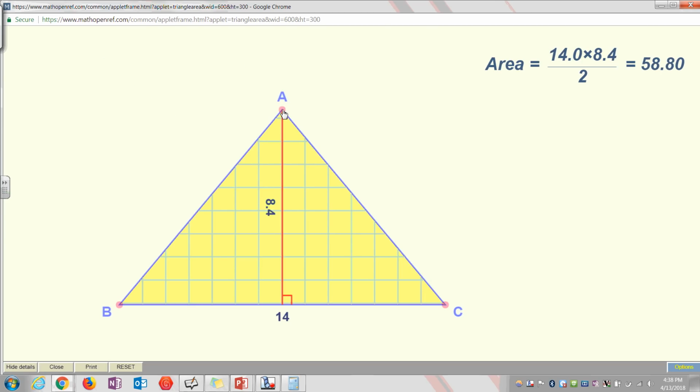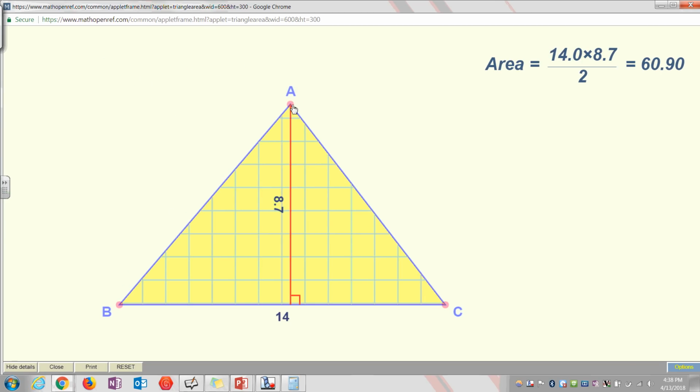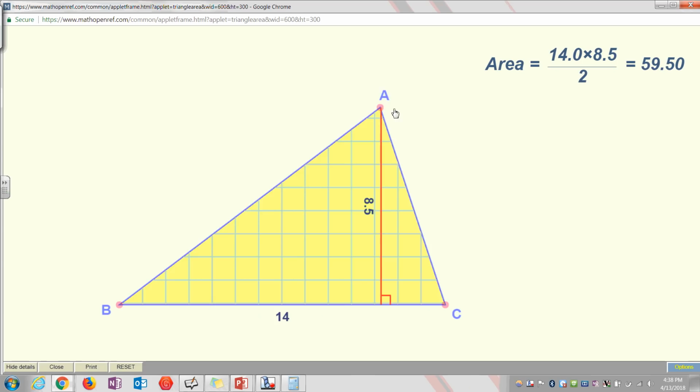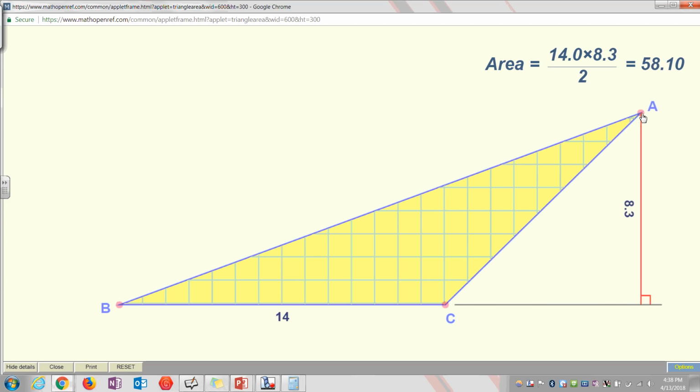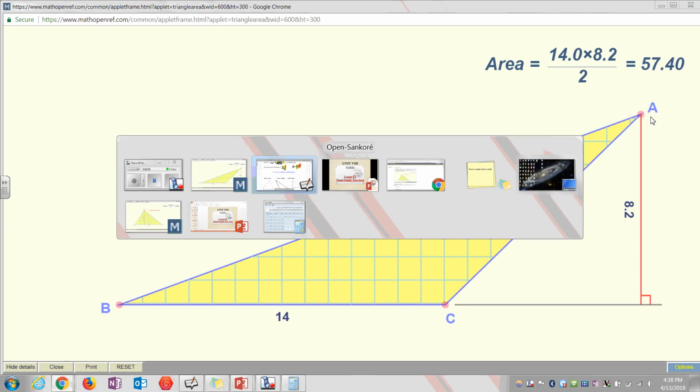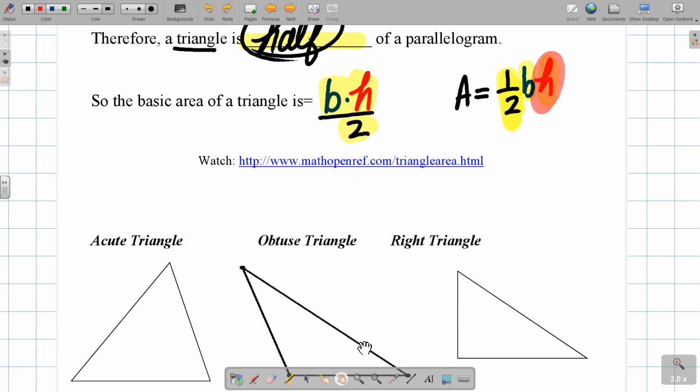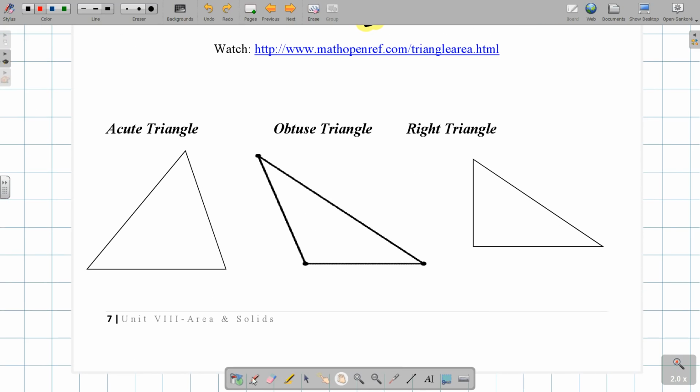So once again, in an acute triangle, the height is inside. In a right triangle, the height is on a side. And in an obtuse triangle, the height is outside. So that's very key there when you're working with base times height.